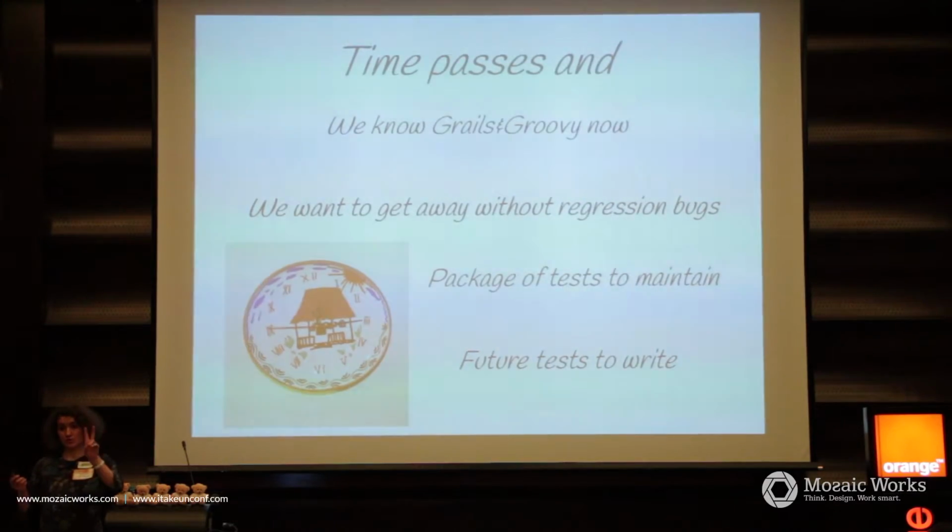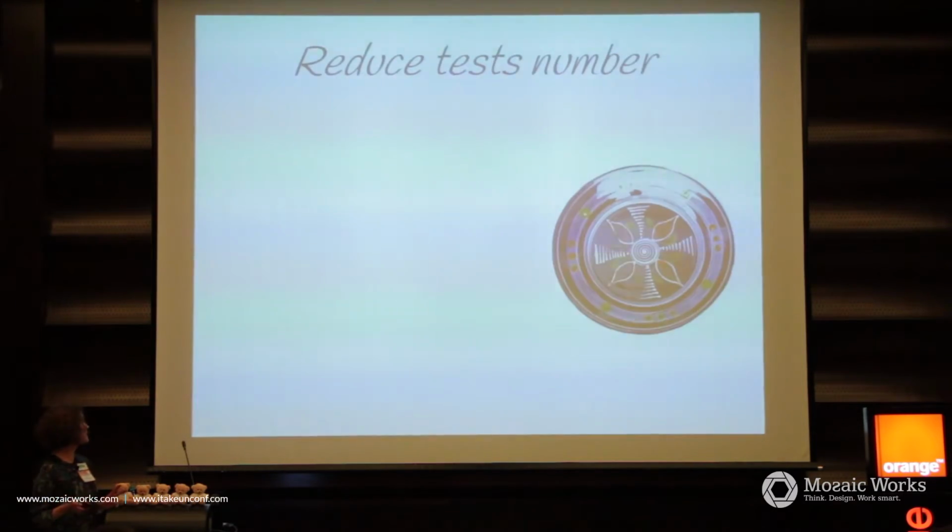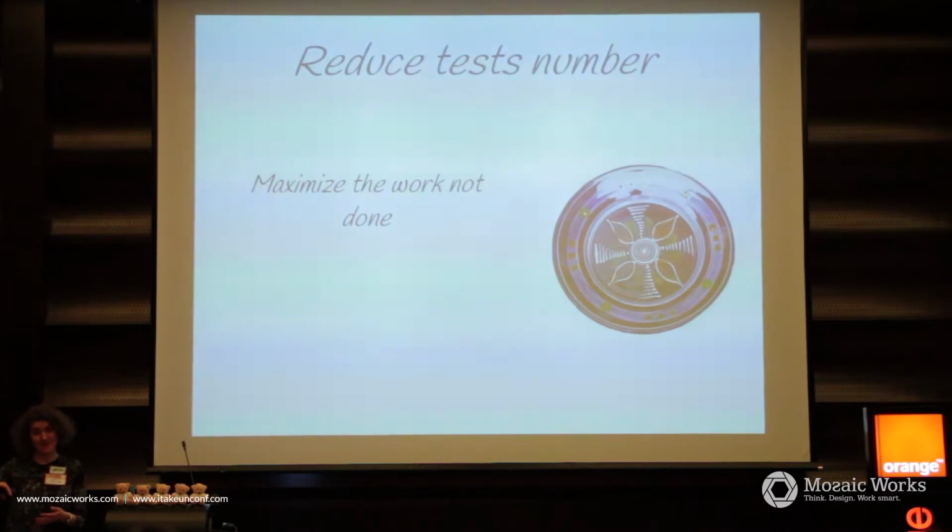We chose two ideas, two strategies, let's say. Minimize their number. Because at some point, for me, it was more than 40% of time maintaining and writing the tests. So we said we have to minimize their number. So we have to maximize what we are not building.